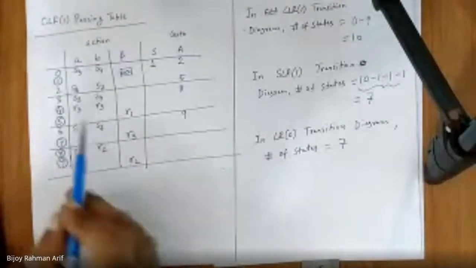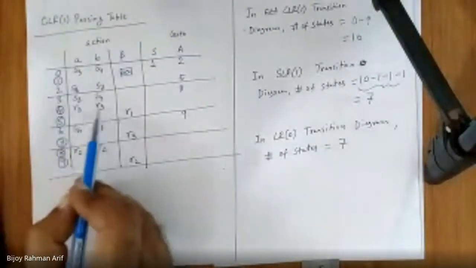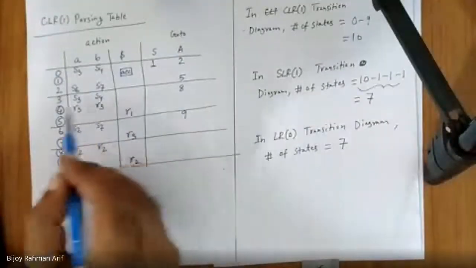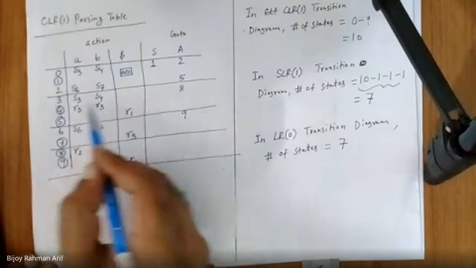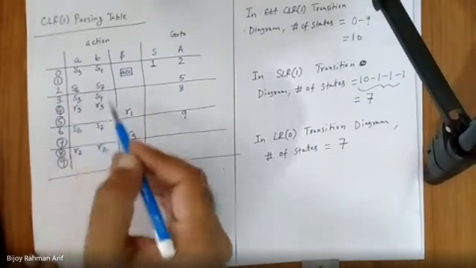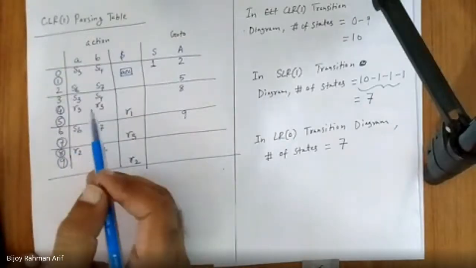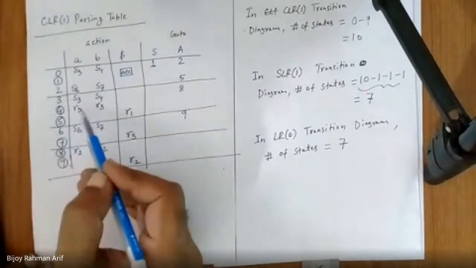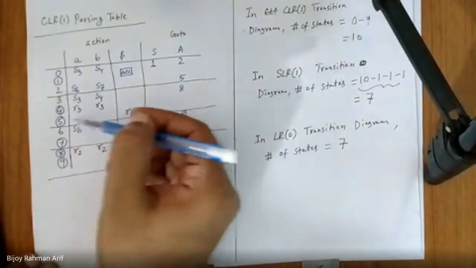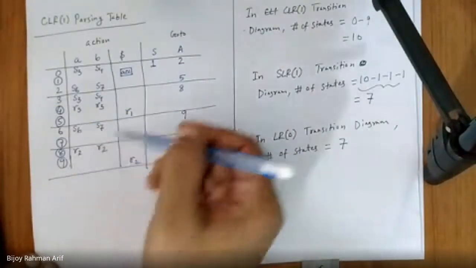Not only that, the reduced entries are also getting shallower, because in LR0 the whole row is filled. Now SLR1 uses the follow of the LHS, while CLR1 uses the look ahead only. This means the reduced entries are also getting shallower in CLR1.